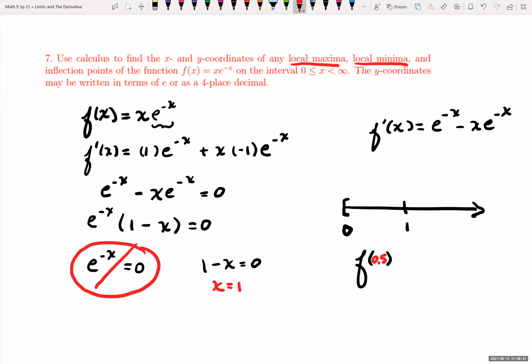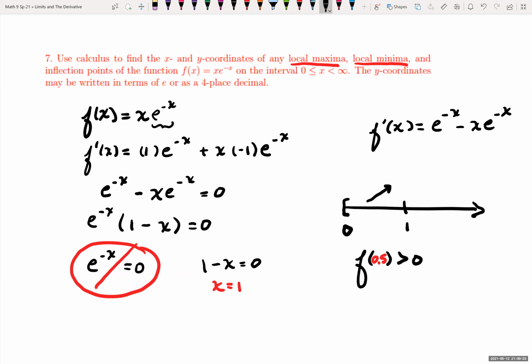So the negative 0.5 power. We get that this is approximately 0.3. So this is greater than 0, so this is increasing here.